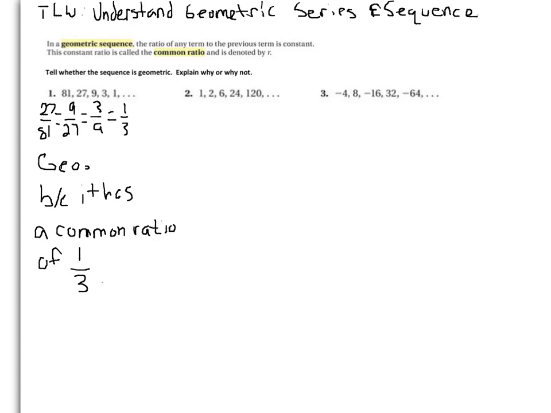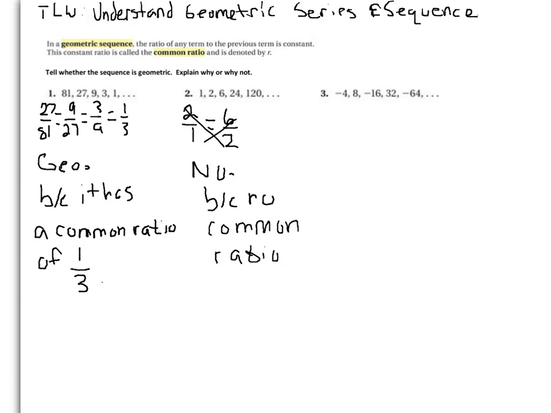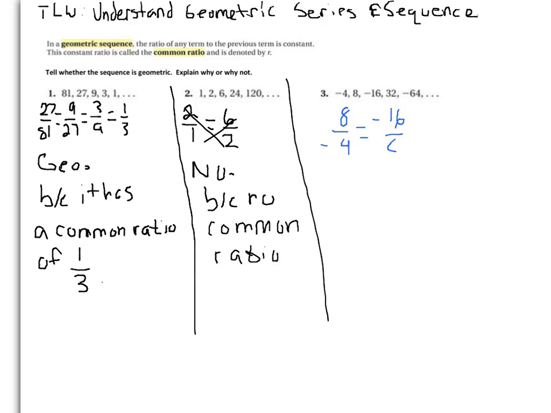Does 2 divided by 1 equal 6 divided by 2? No. So no, because there's no common ratio. Here, does 8 divided by -4 equal -16 divided by 8, which equals 32 divided by -16, and -64 divided by 32?